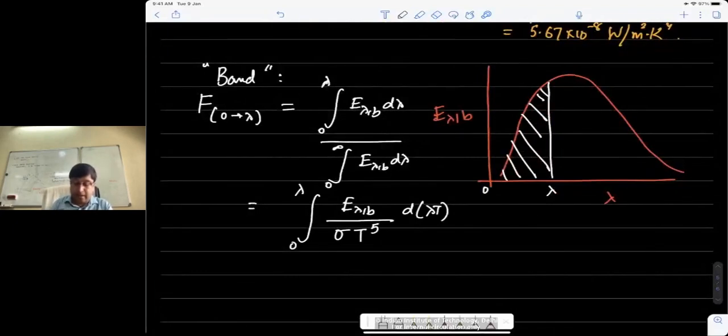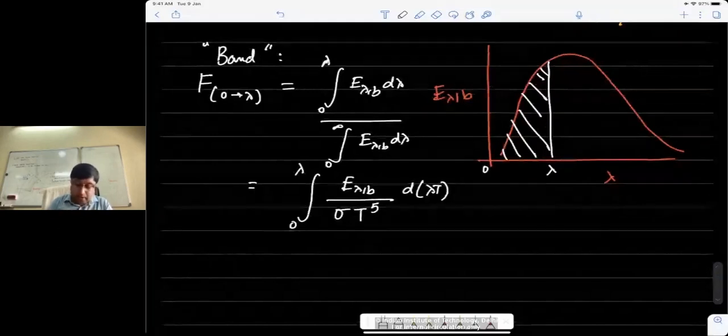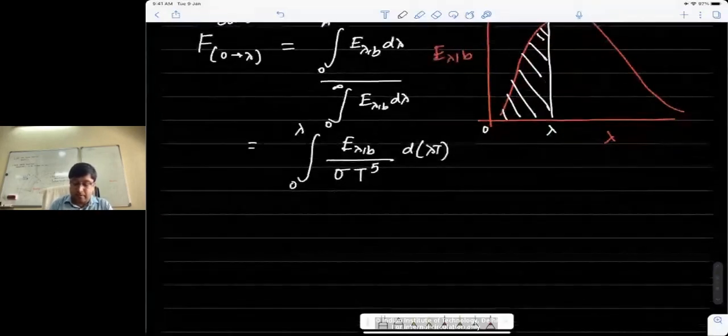Sigma T to the power 4 came from the denominator. Now the reason for doing this is that if I look at the E lambda distribution, E lambda b by sigma T to the power 5.